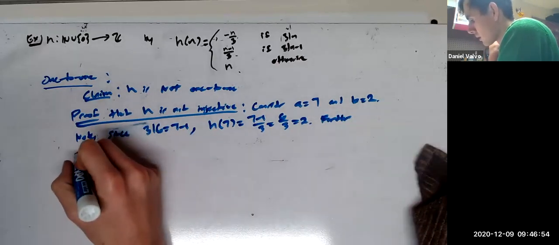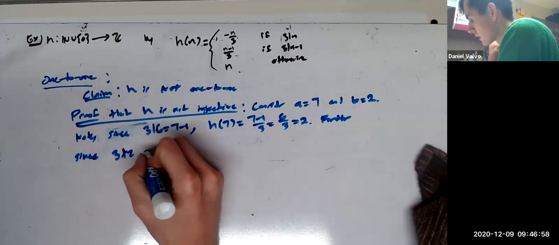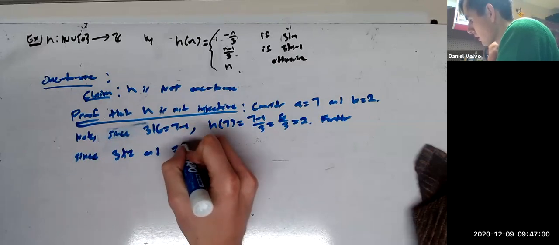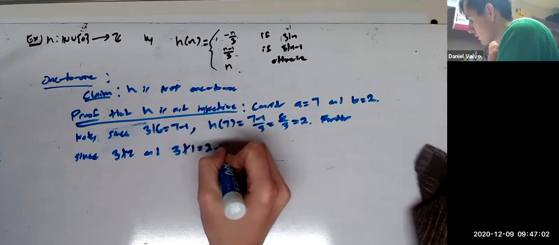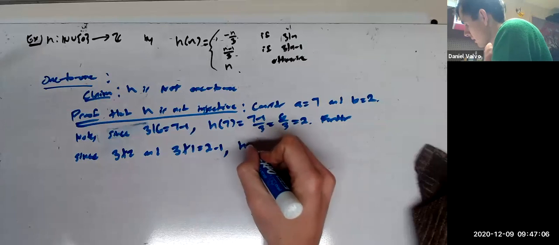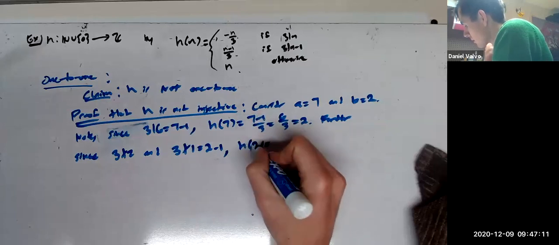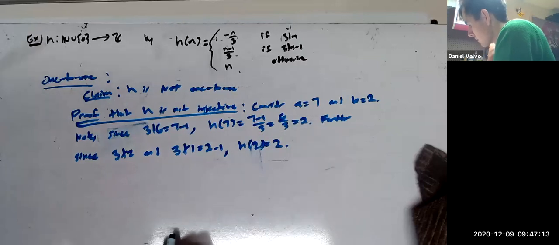Further, since 3 does not divide 2, and 3 does not divide 1, which equals 2 minus 1, we're not in this case, we're in the otherwise case. H of 2 equals 2.